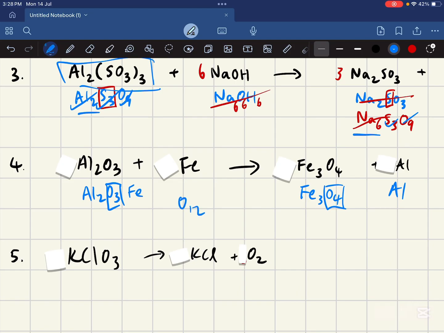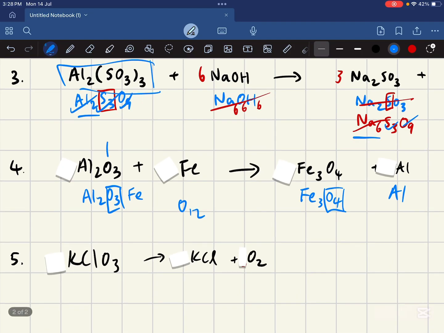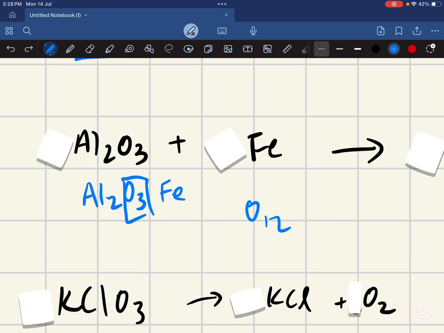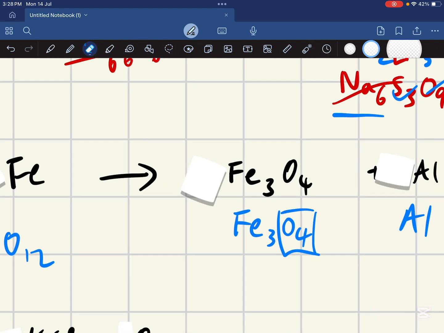And the easiest way to do this, because there's only one chunk that has an O, the other items do not have an O, so you can simply do a little LCM check. Now to make this O12, we multiply by 4. To make O4 to O12, we multiply by 3.